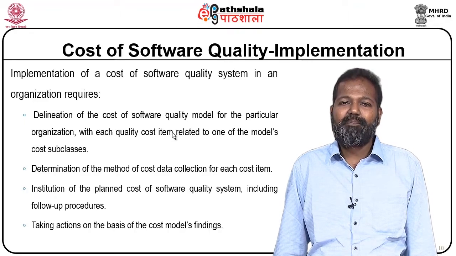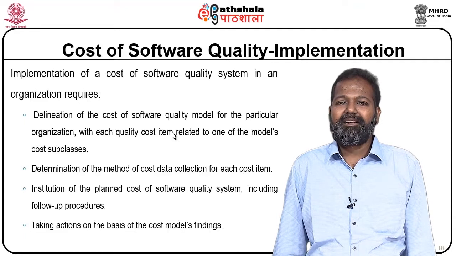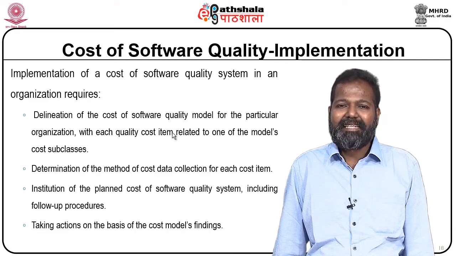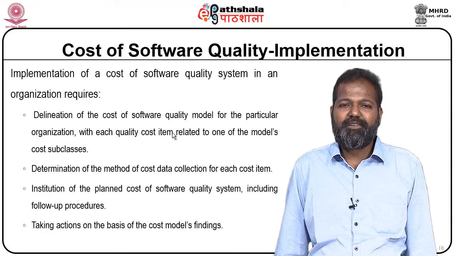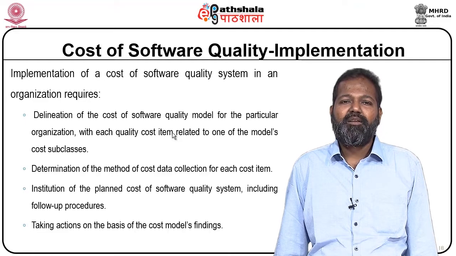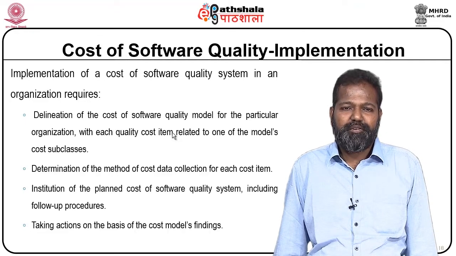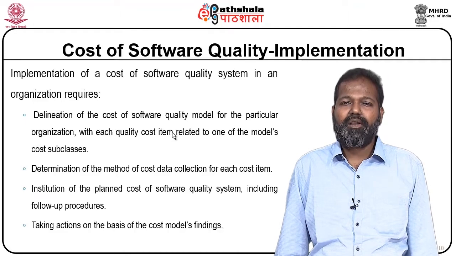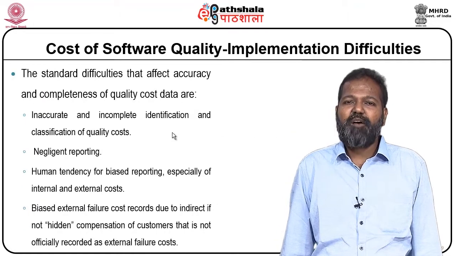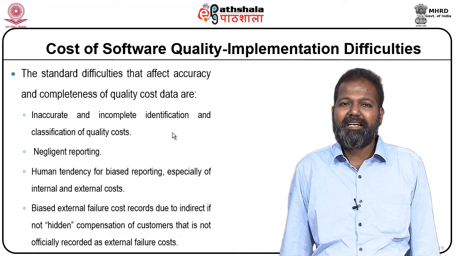Determination of the method of cost data collection for each cost item. Institution of the planned cost of software quality system, including follow-up procedures, taking actions on the basis of the cost model's findings.